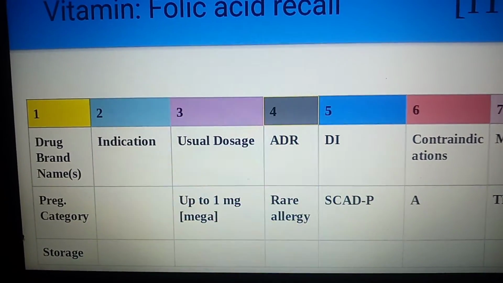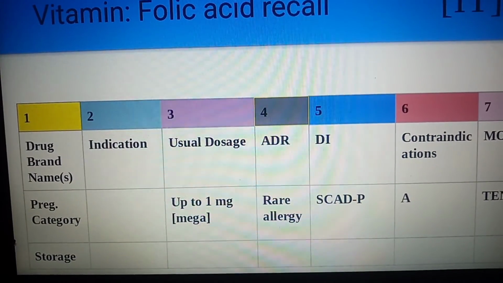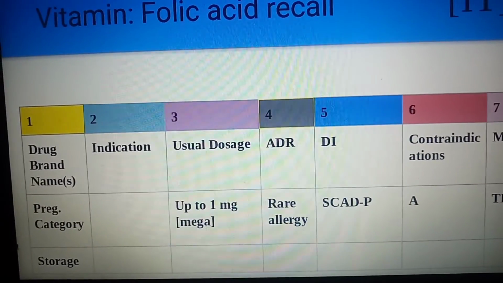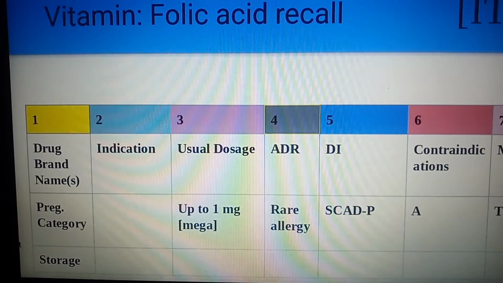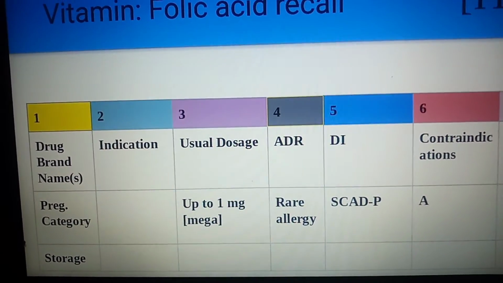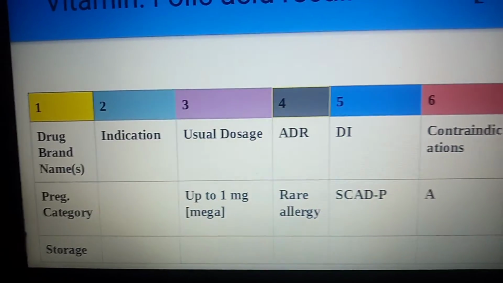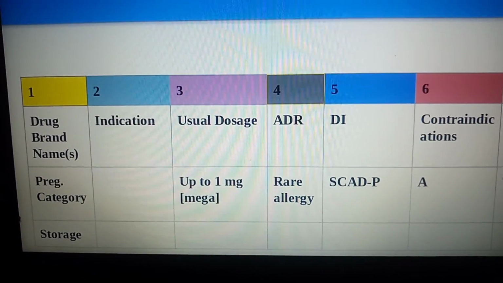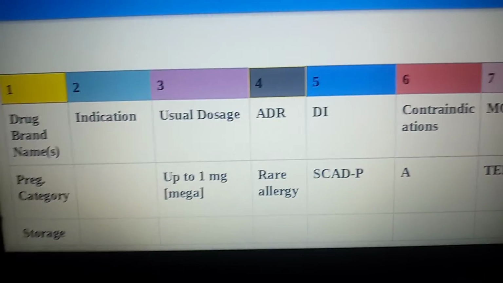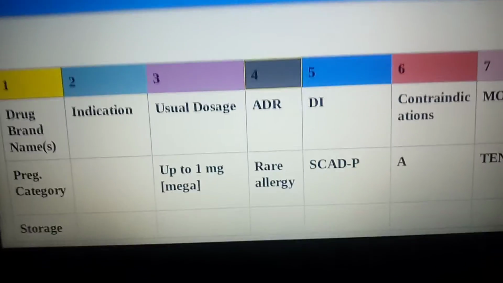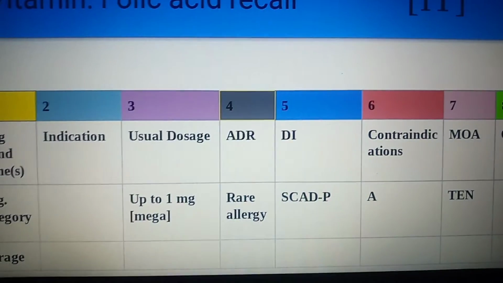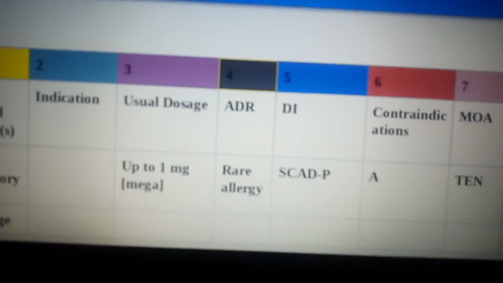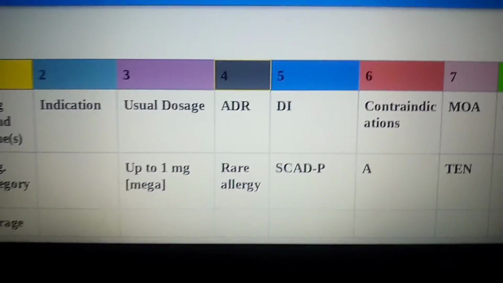Brand name, Nascobal, pregnancy category C, storage wasn't given. Indication: pernicious anemia, folic acid deficiency, fish tapeworm disease, pancreas or bowel malignancies, GI disorders that decrease the amount of vitamin B12 that's available. Usual dosage is 1,000 micrograms per month. I'm just using this paper to recite this from memory.